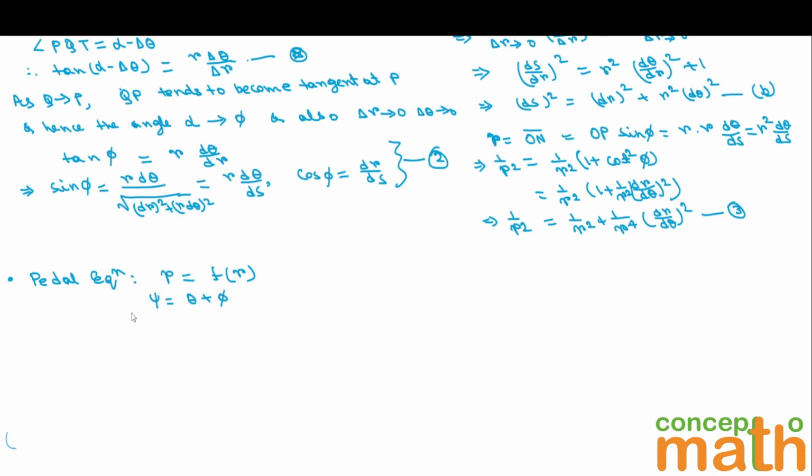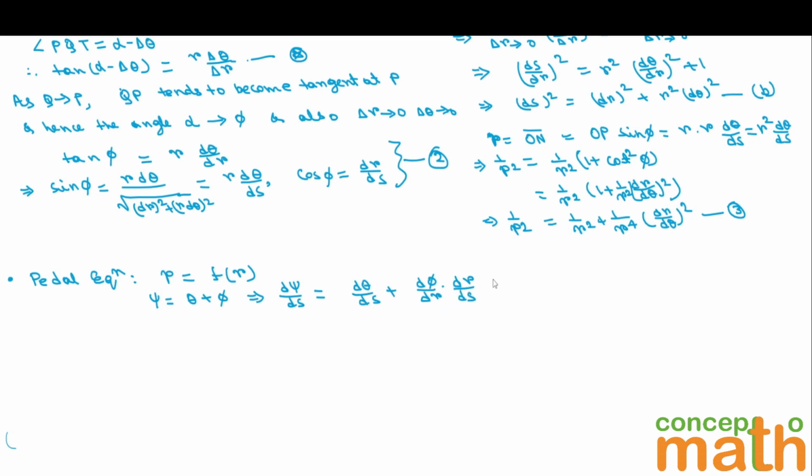From here we can observe that dψ/ds is dθ/ds plus, instead of writing dφ/ds directly, we can use the chain rule: dφ/dr times dr/ds.